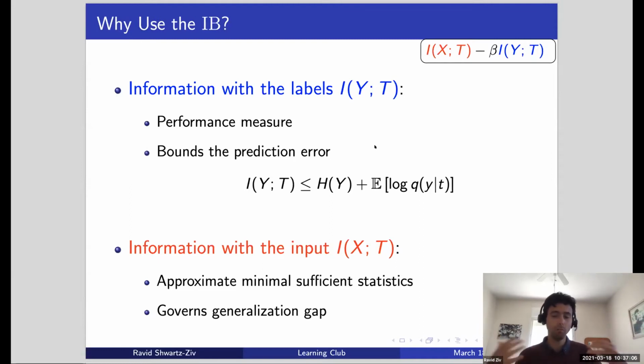We want our model to generalize better, so that this gap will be as small as possible. There are several bounds that tell you that if you reduce the information with the input, then you will also reduce this generalization gap. Again, we have these two terms.